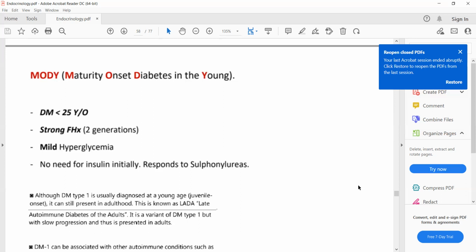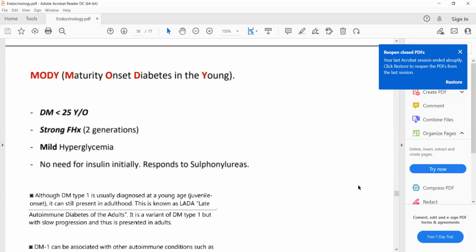So if someone develops type 1 diabetes when he is adult and not in the childhood, then we will call this LADA, late autoimmune diabetes of the adults. So type 2 diabetes mellitus in a young person less than 25 years of age is MODY, and type 1 diabetes mellitus in young adults is LADA.